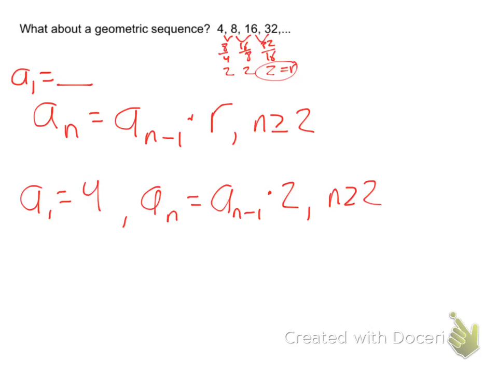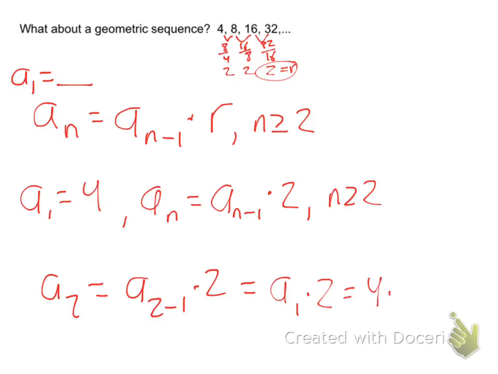You just wrote the equation. And again, if I wanted to write the second term, a2 would be a2 minus 1 times 2, which is a1 times 2, which is 4 times 2, which is 8. So the same process, we're just not adding, we're multiplying.